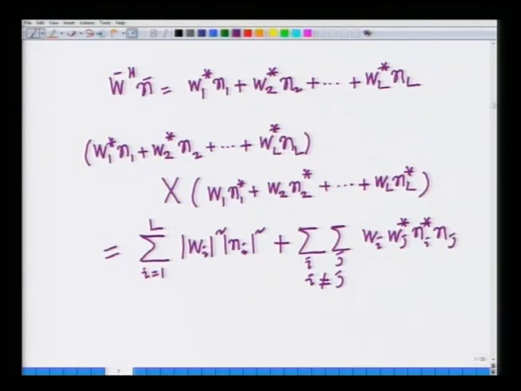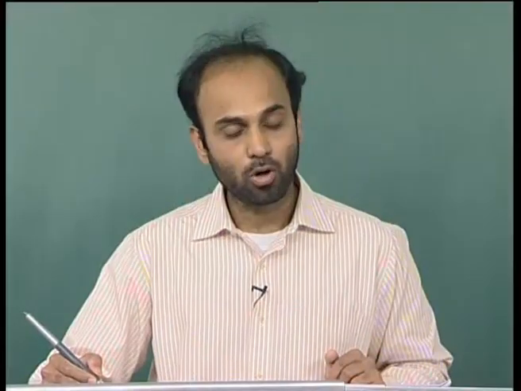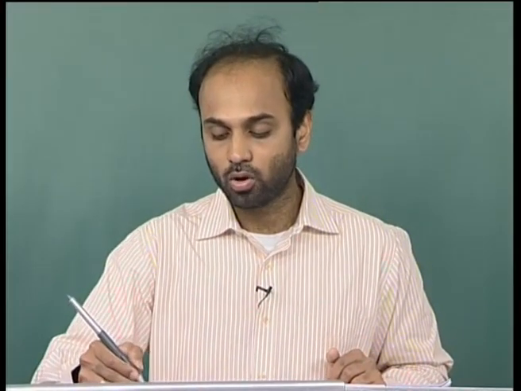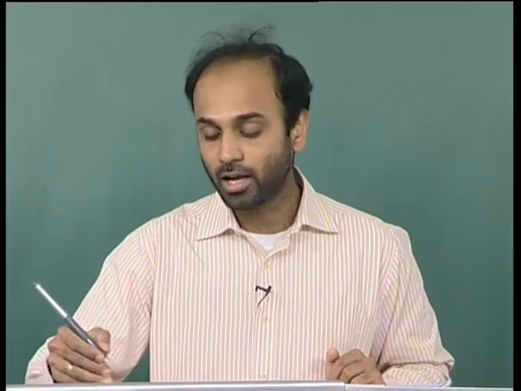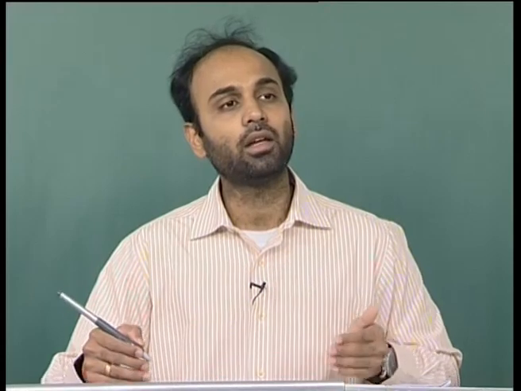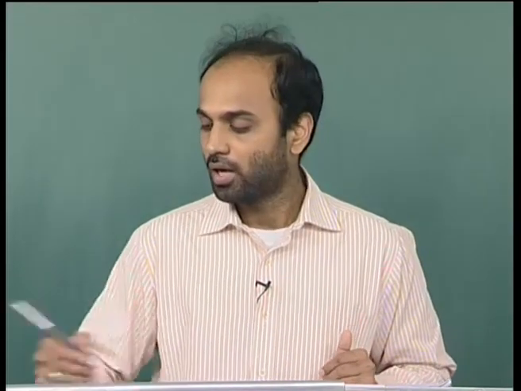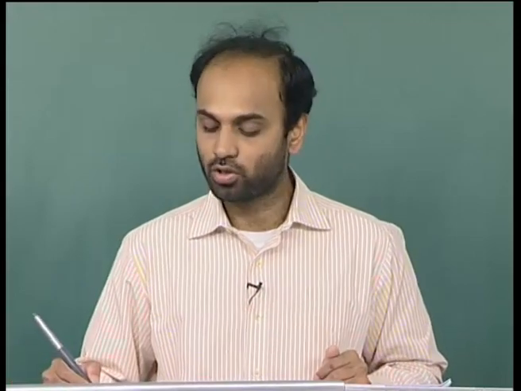Alright, so I am representing this product as the sum of direct components, which are Wi conjugate Ni times Wi Ni conjugate. When you take the product, it is simply magnitude Wi squared times magnitude Ni squared. Those are the direct terms, and then we have several cross terms.